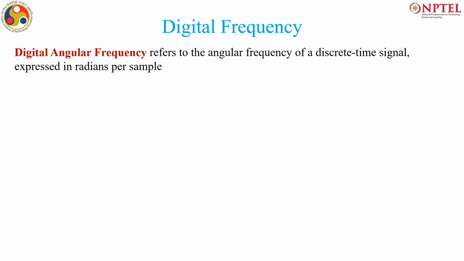The next is the concept of digital frequency. This normalized frequency is technically a digital frequency, but we also represent digital angular frequency in radians per sample, which is 2π times our normalized frequency. Since the normalized frequency can vary from minus half to plus half, this digital angular frequency will vary from minus π to π.